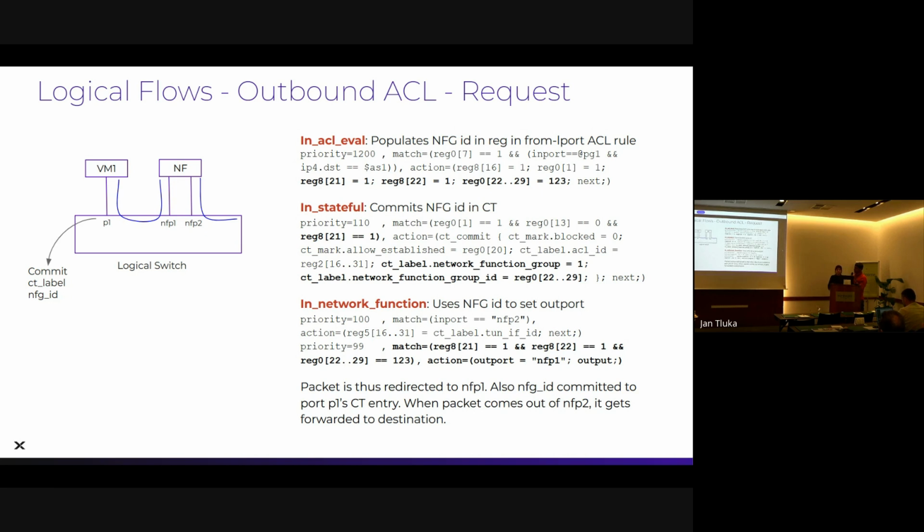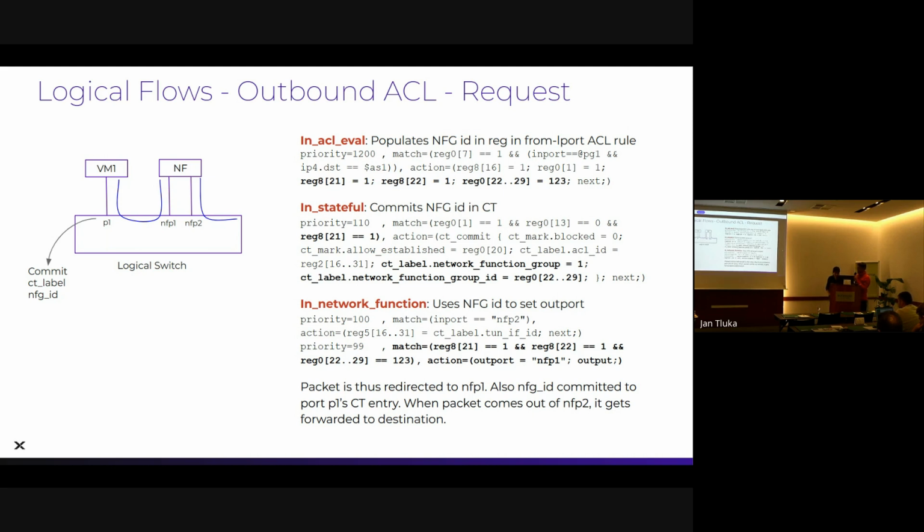In the ingress ACL evaluation stage, if it has an NFG, the stage will store the NFG ID and some flags that say this packet now needs to be redirected to NF, and this is the request, origin direction. Then in stateful, whatever information we stored in the previous stage, we are committing into the CT label. We mark this connection as an NF connection, and store the NFG ID, which will be used in the egress pipeline.